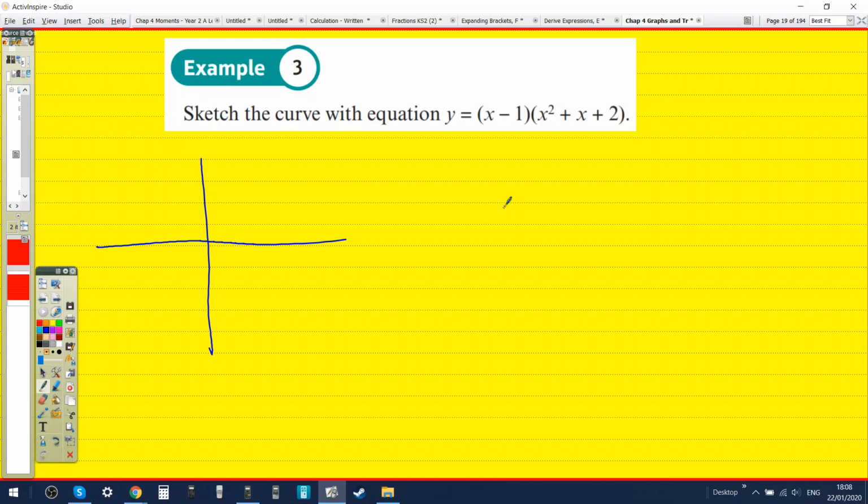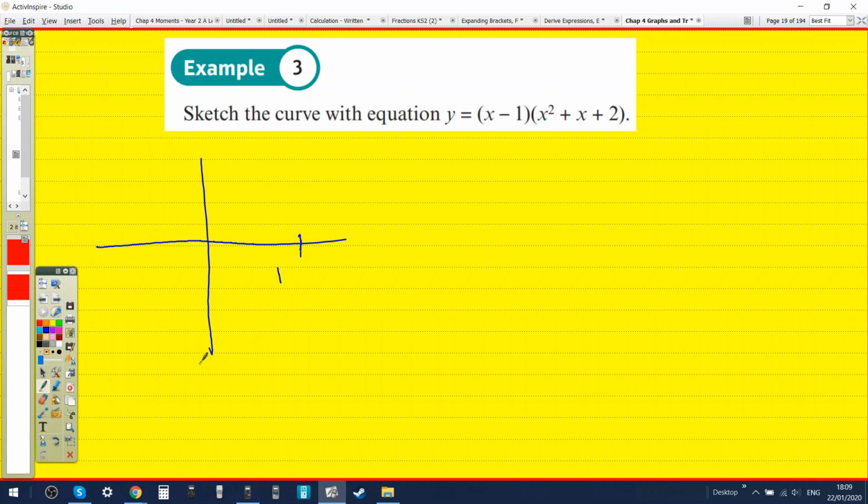Press equals again. What's the minimum? -1/2. And what about the y part for the minimum? 1.75. So in that case, where do we know it crosses the x-axis? -0.5. Nope. Based on brackets. Oh, 1. So 1, and it doesn't cross at any other point, because they're imaginary numbers.